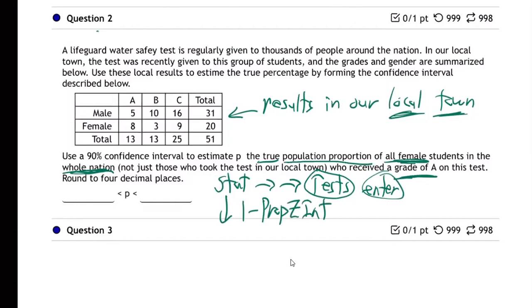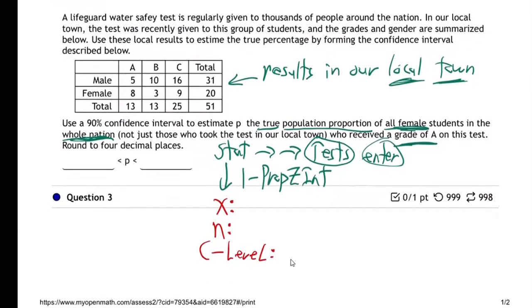So not the 1 prop Z test, but the 1 prop Z interval. And when you hit enter, it'll give you X and N and your C level.